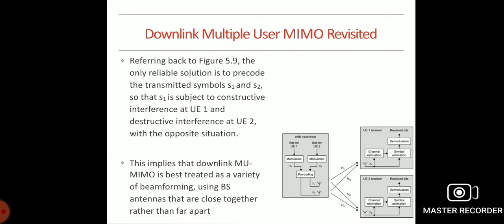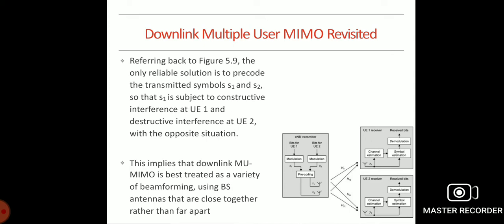And now we can move to downlink multi-user MIMO revisited. Referring back to the figure, the reliable solution is to pre-code the transmitted symbols S1 and S2, so that S1 is subjected to constructive interference at user end 1 and destructive interference at user end 2, with the opposite situation for S2.